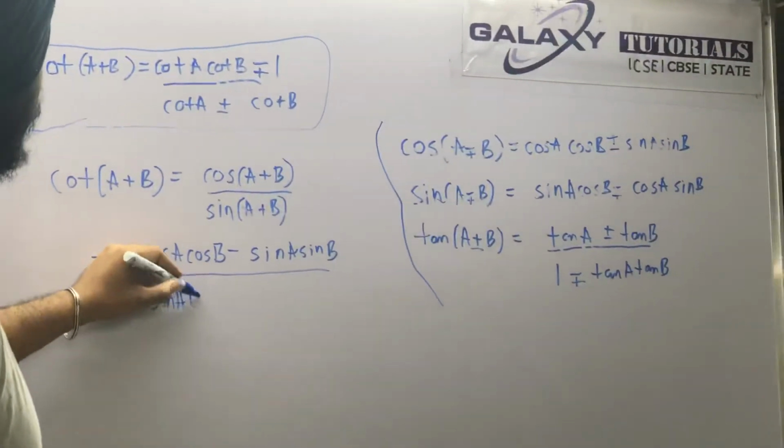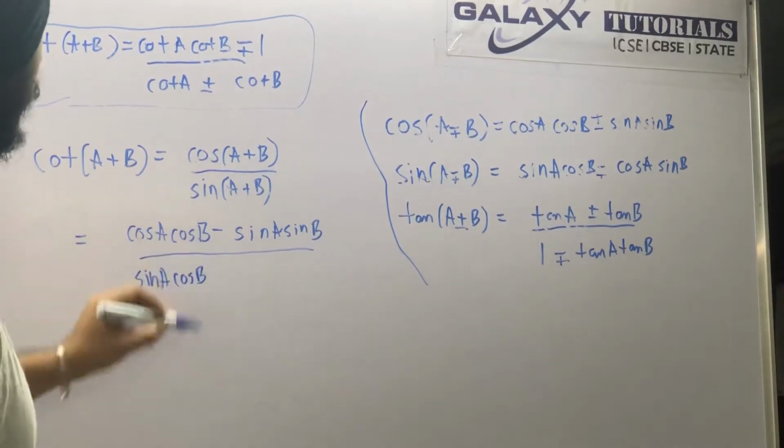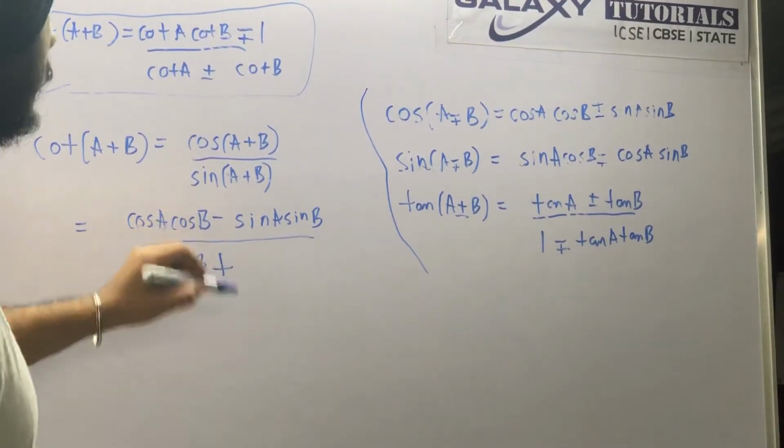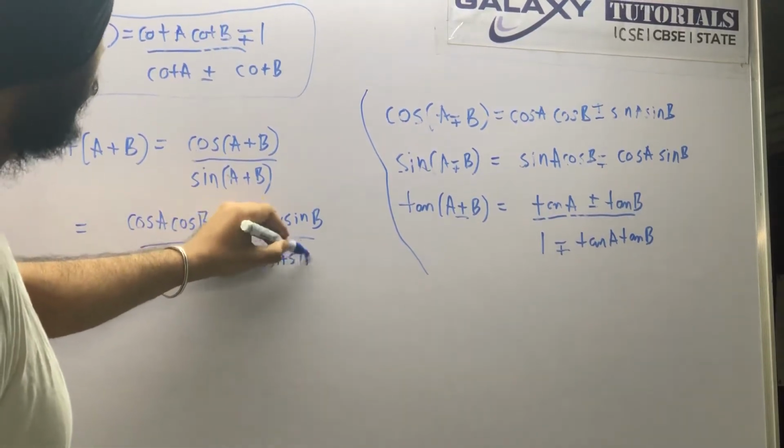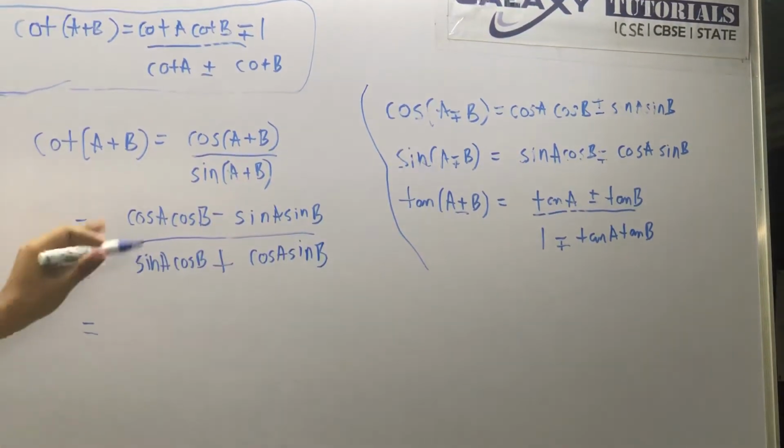Sin A cos B plus cos A sin B. Okay, this is the formula.